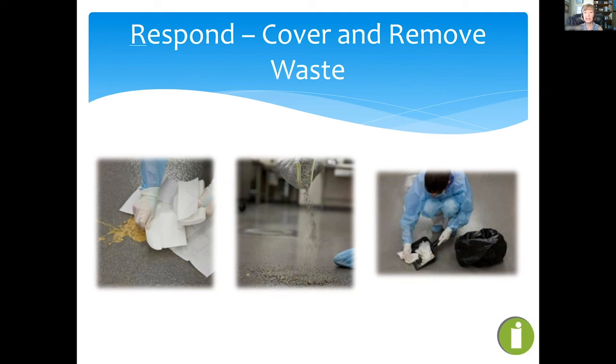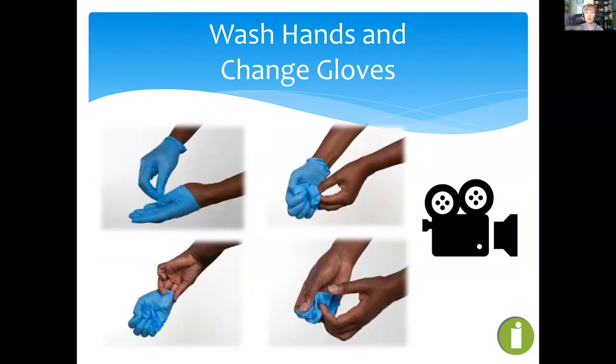And we're cleaning up and removing as much of that waste as possible with the scoop or dustpan that you have, and all of that is going into the designated garbage bag. So covering it, scooping it up, throwing it into the designated garbage bag. Now, we have touched some really yucky stuff, and this is a time for us to stop and change our gloves before we go to the next step.